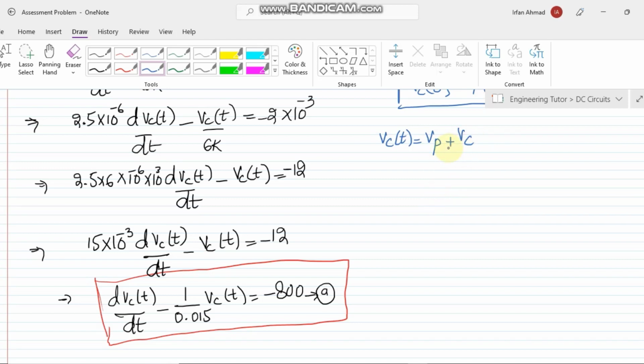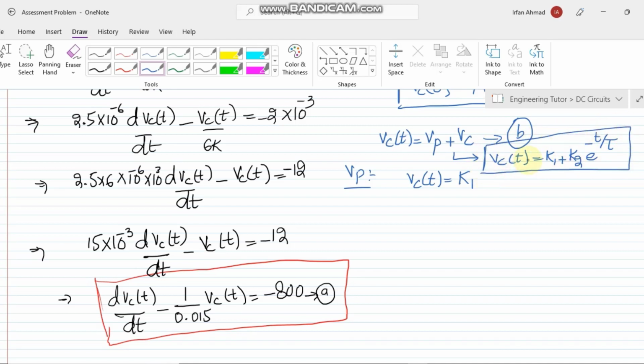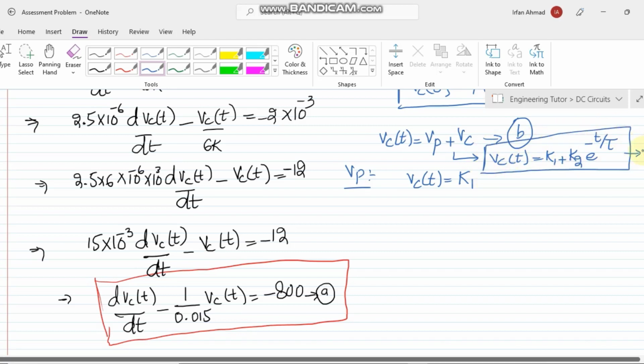Okay, so now we have to find these two solutions, and let me call it equation b. So what will be the solution here? That would be VC(t) equal to k1 plus k2 exponential of minus t over tau. Okay, so that would be the shape of our solution, and let me call it equation c here.